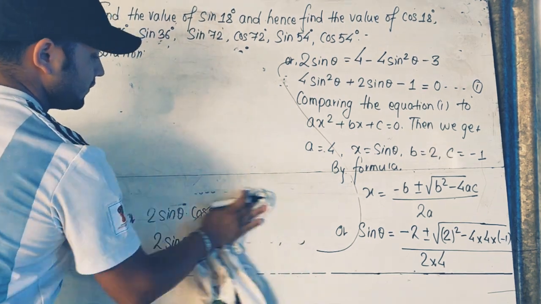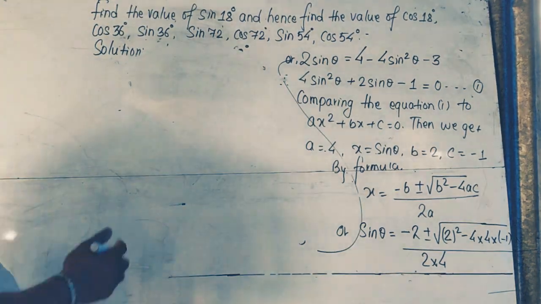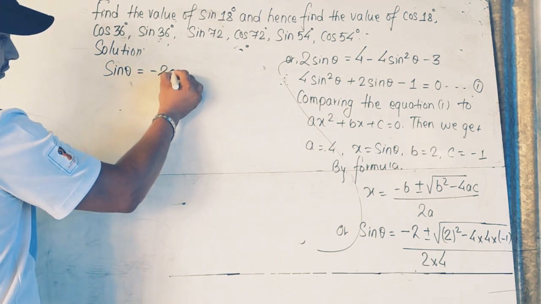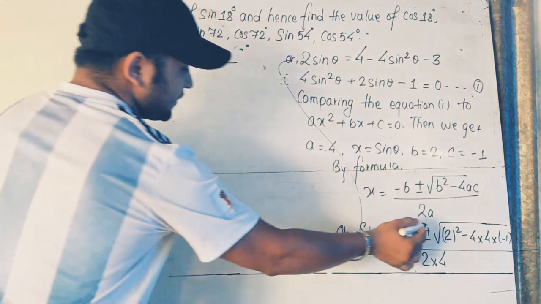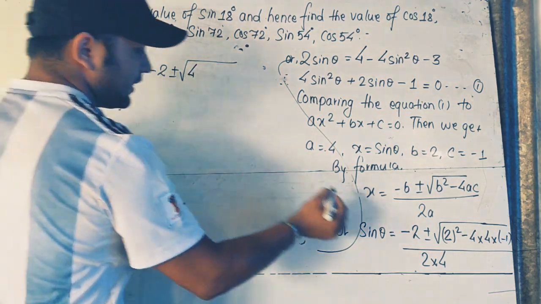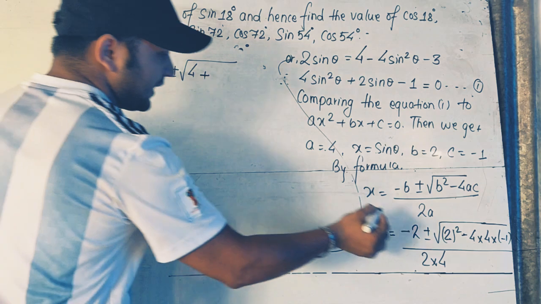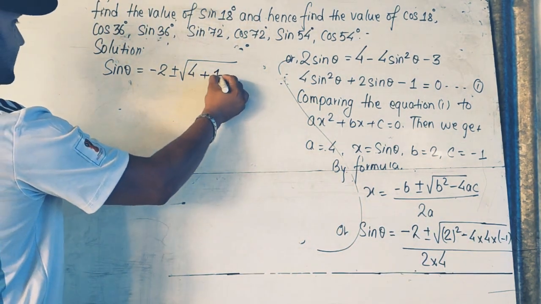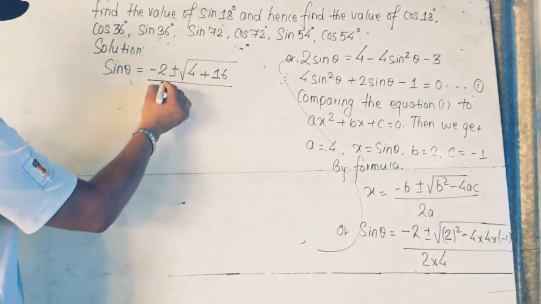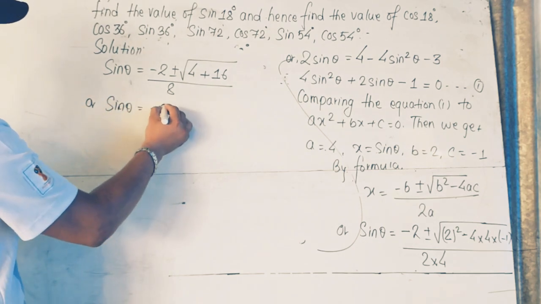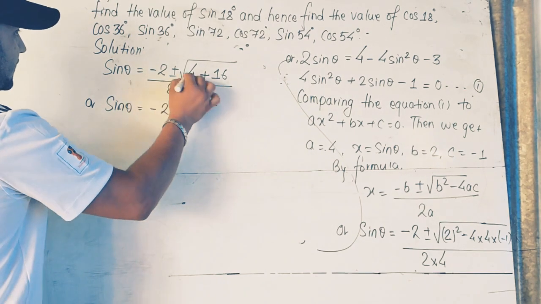We have sine theta equals minus 2 plus minus root under, the square of 2 gives you 4, minus into minus gives you plus, and 4 into 4 gives you 16, divided by 8 in the denominator.